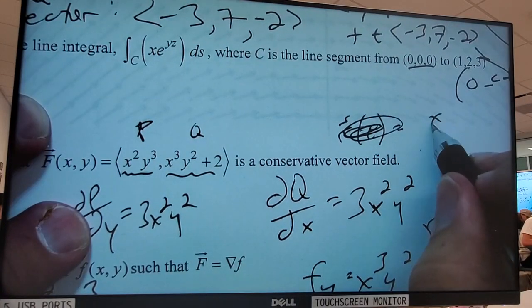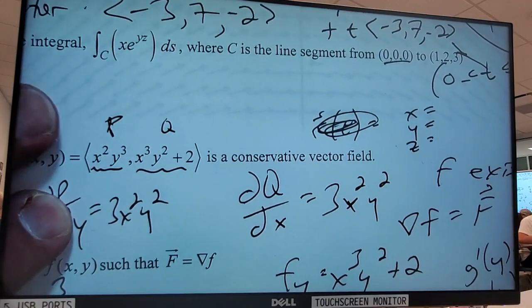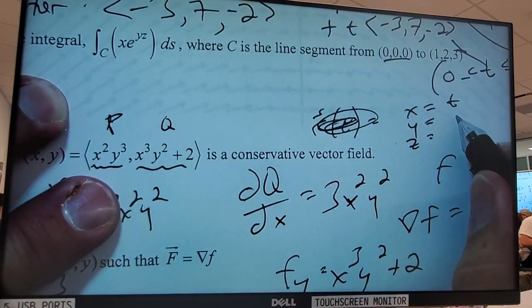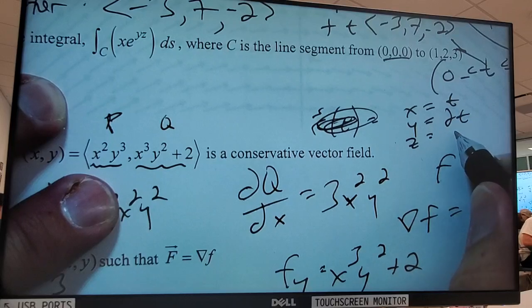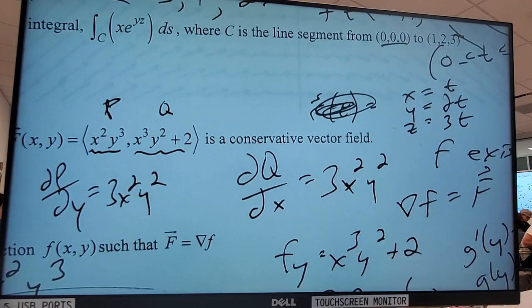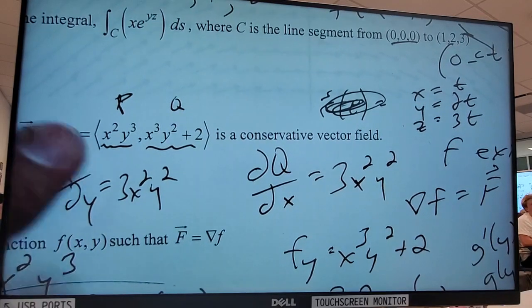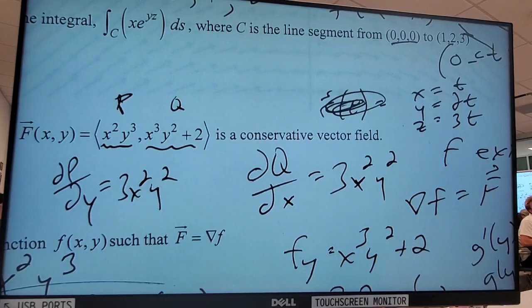What's x, y, z? x equals t, y equals 2t, z equals 3t. Cool. What part of that beginning integral is so difficult to work with directly that you almost never see us work with it directly?